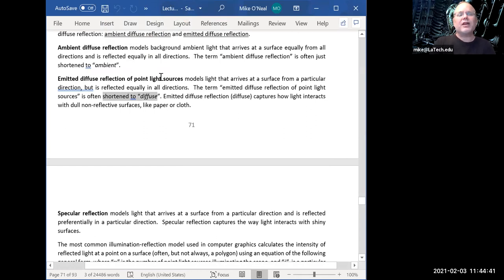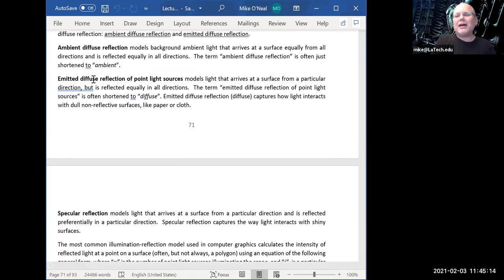But emitted diffuse reflection is saying that you've got light coming in from a point source. It's emitted by a point source, but it's reflected in all directions equally. So basically, emitted diffuse reflection is whatever light gets to some point on an object from a point light source; once it hits, that light will be reflected in all directions.